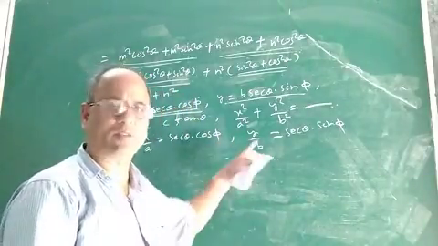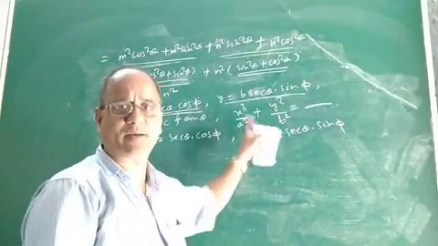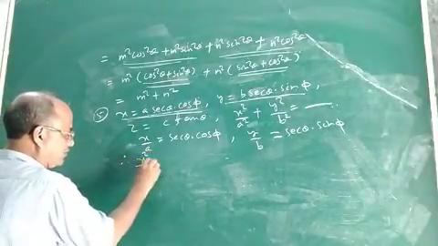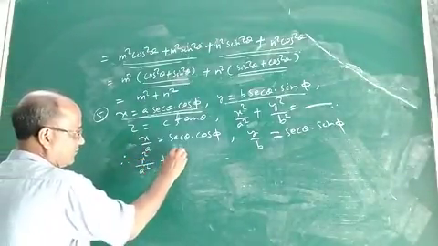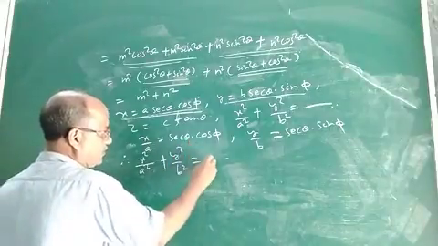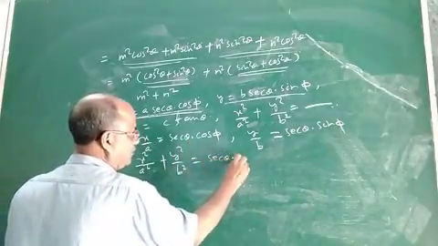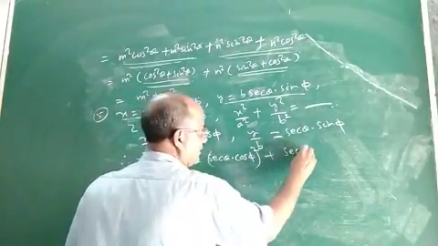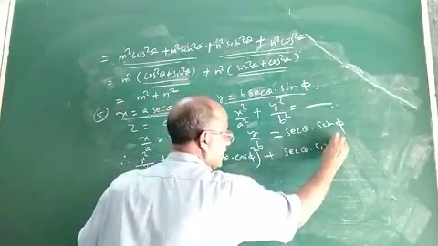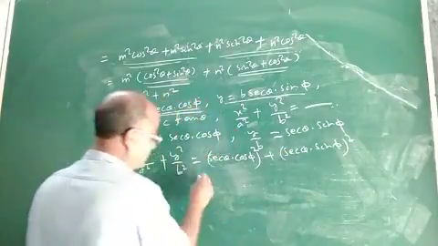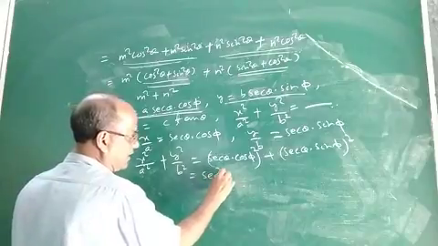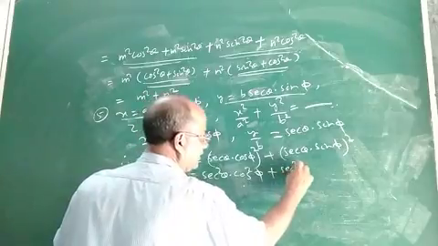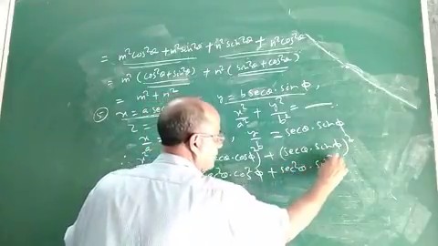Let us take the square of both and add, so that we will get the value of x square by a square plus y square by b square. Therefore, x square by a square plus y square by b square will be equal to sec theta into cos phi whole square plus sec theta into sin phi whole square. So this will be equal to sec square theta into cos square phi plus sec square theta into sin square phi.